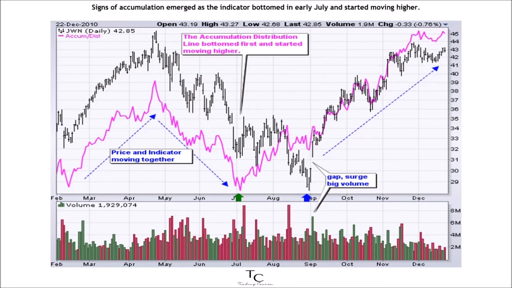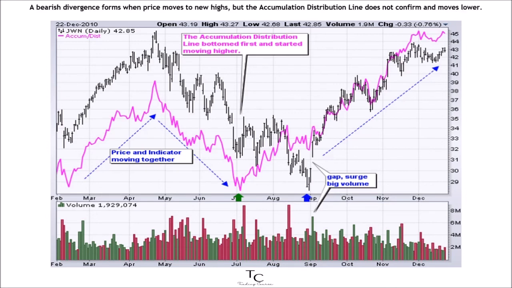Signs of accumulation emerged as the indicator bottomed in early July and started moving higher. JWN moved to a new low in late August. Even though the indicator showed signs of buying pressure, it was important to wait for a bullish catalyst or confirmation on the price chart. This catalyst came as the stock gapped up and surged on big volume.